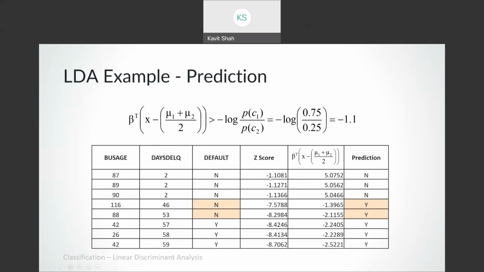That is the z score. And we are predicting based on the LDA method these points as this, while the defaults were this. So we have two errors, which is not bad, and it's fairly effectively being classified for the two classes with some error, of course.